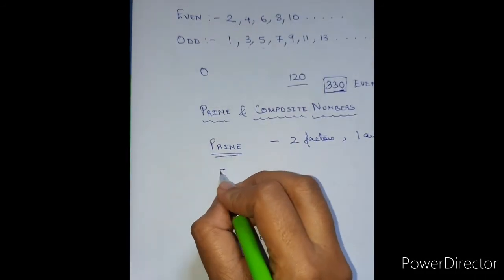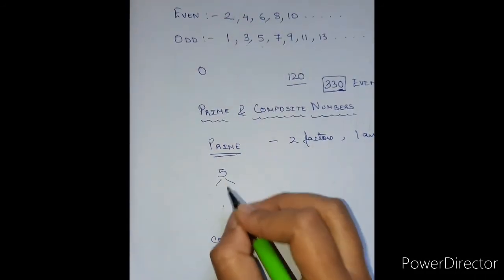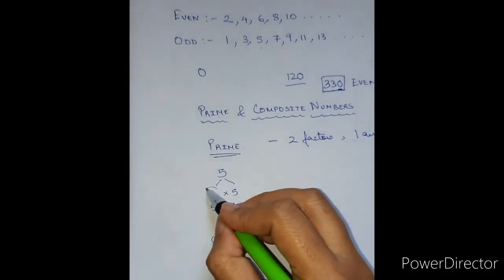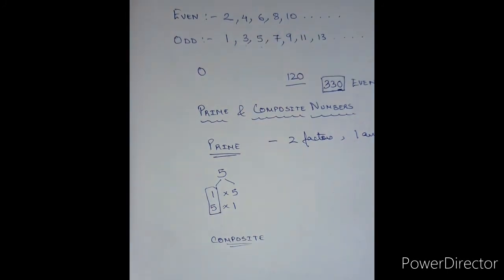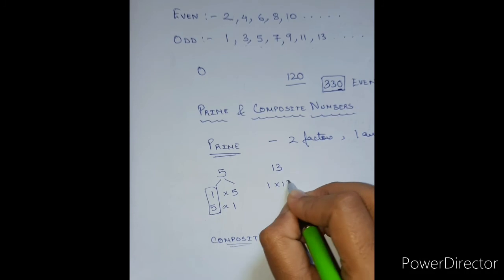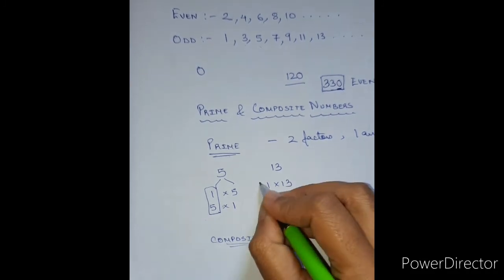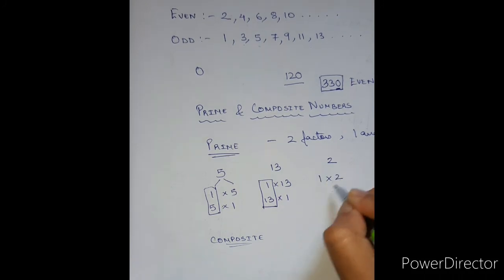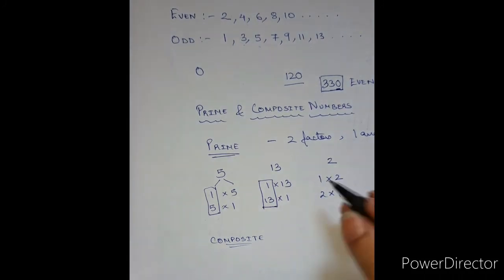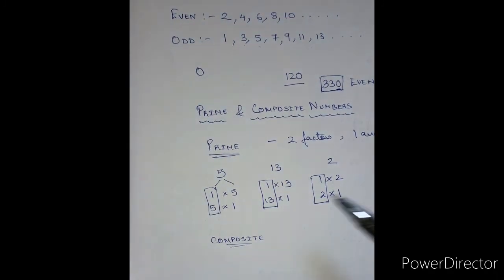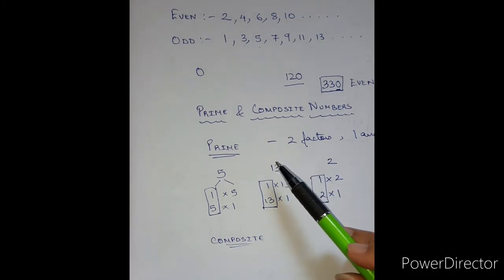Let us take 5. 5 has 1 fives and 5 ones, only two factors. What about 13? 1 thirteen, 13 ones, two factors. What about 2? 1 two and 2 ones. It has only two factors, 1 and itself. So those numbers we call prime numbers.